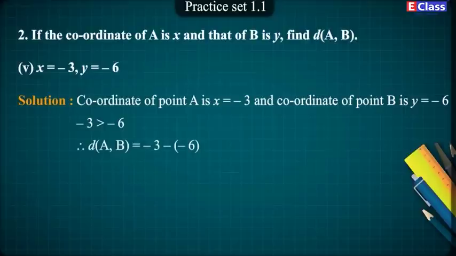Therefore, distance of AB is equal to -3 minus (-6), which is equal to -3 plus 6, which is equal to 3. Answer: distance of AB is equal to 3.